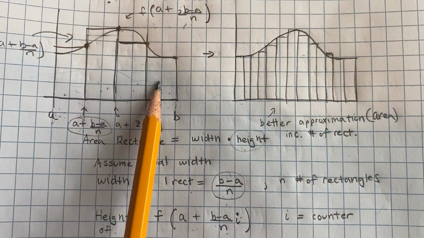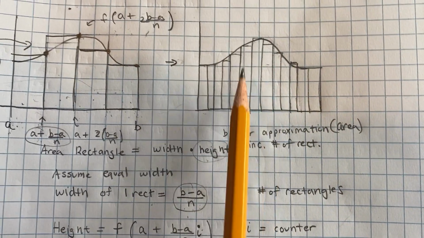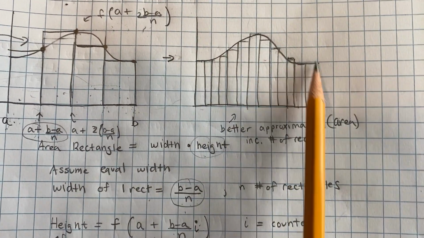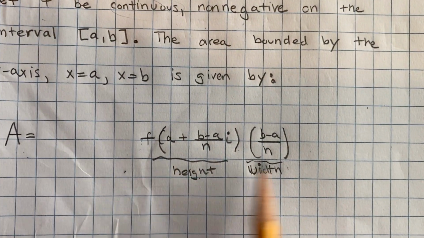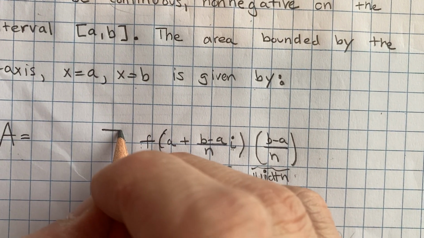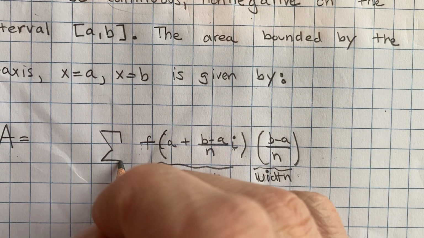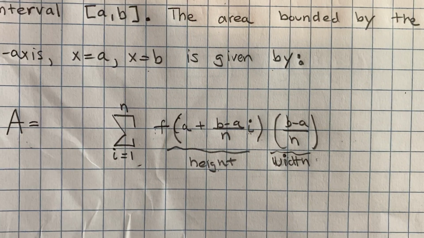But I want to add all these rectangles. And incorporate this knowledge, that the more rectangles I have, the better approximation of the area underneath the curve, right? So if this is the area of a single rectangle, and I have a counter, I'm definitely going to have a summation symbol, right? Because I have to add all the rectangles from I is equal to 1 to n, right?